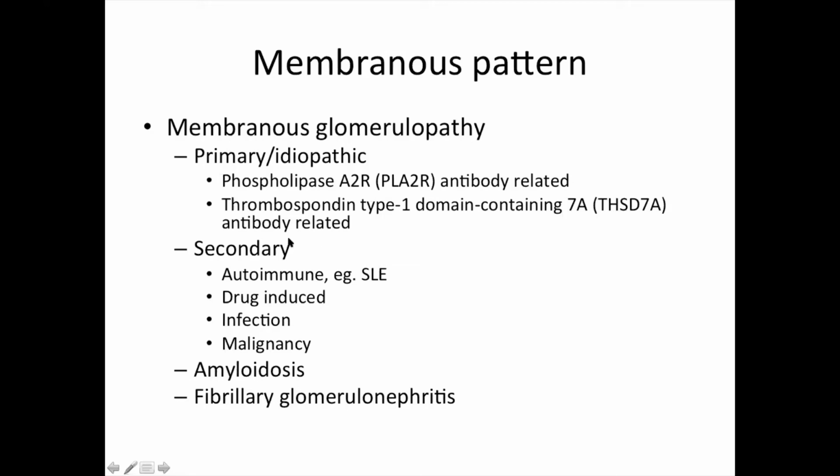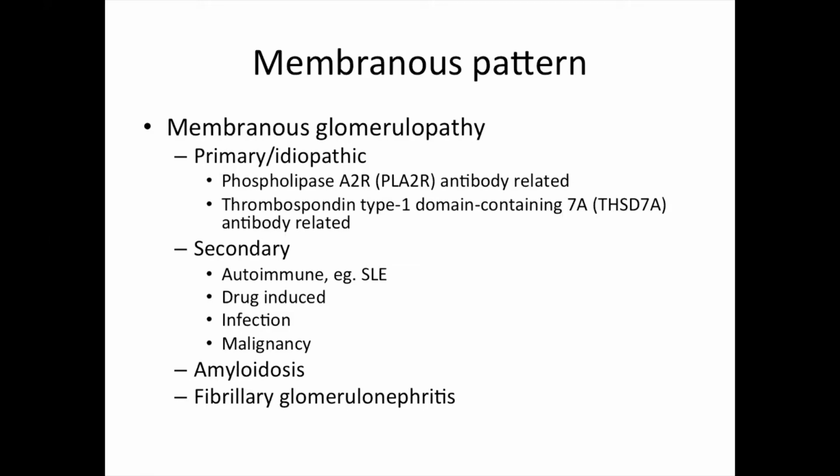It's only seen in about 10% of the cases, and sometimes true primary membranous glomerulonephritis might not show us positivity for any of these antibodies.